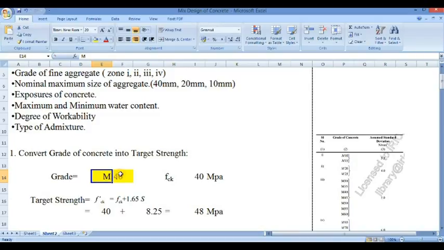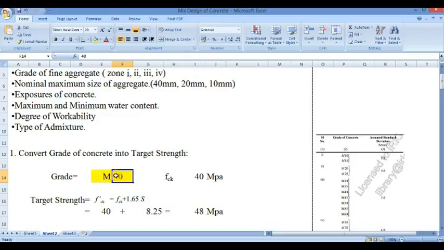But it may happen during casting at your site that you may not get the required sand, or you may not control the desired quality, or maybe there is some additional amount of water, or there may be a certain shortfall of cement. So you may not get the actual strength at your site. So we have to assume that we will make some mistakes at our site.